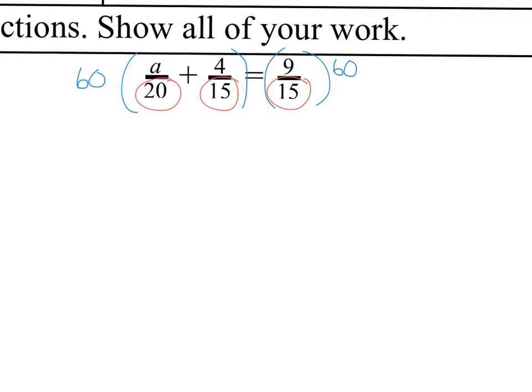So then I'm going to do 60 divided by the denominator, and multiply it by the numerator. So 60 divided by 20 is 3, this is 3a. Then I do 60 divided by 15 is 4, 4 times 4 is 16. 60 divided by 15 is 4, 4 times 9 is 36.